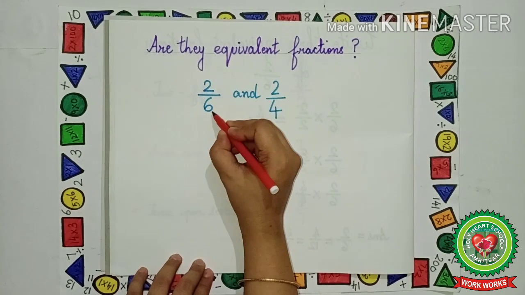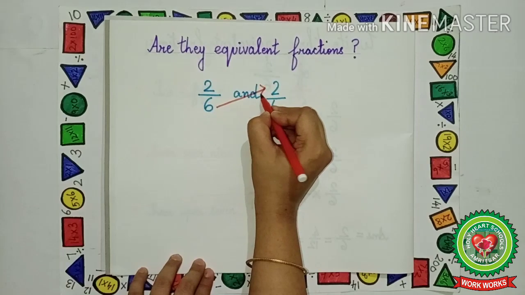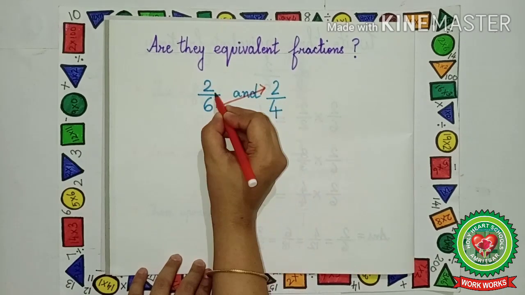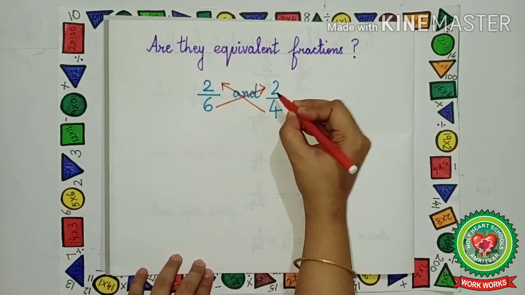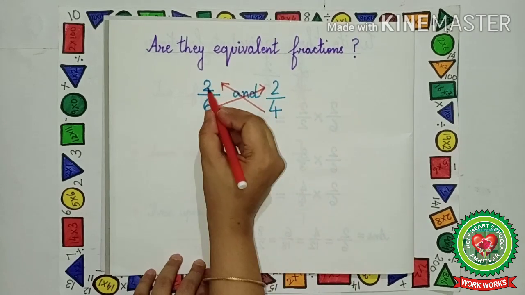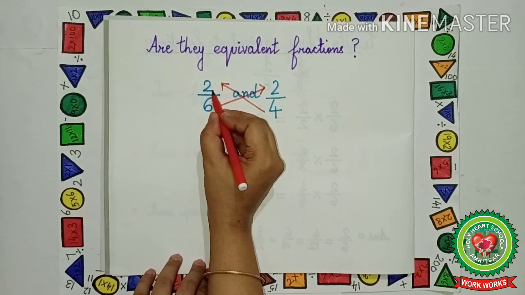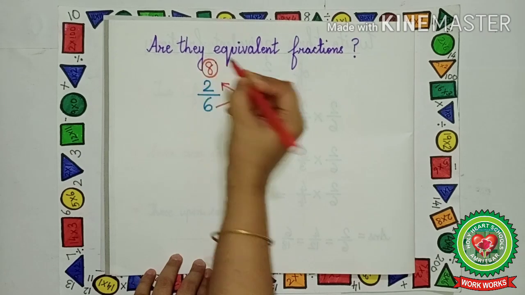So, we will multiply 6 with 2. And then we will multiply 4 with 2. So, we will put a cross like this. Now, let us multiply. 4 twos are 8. So let us write over here 8.